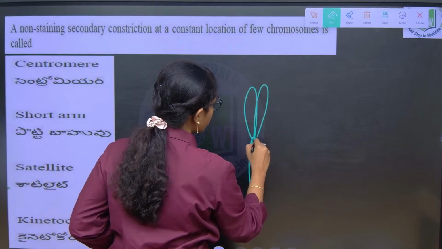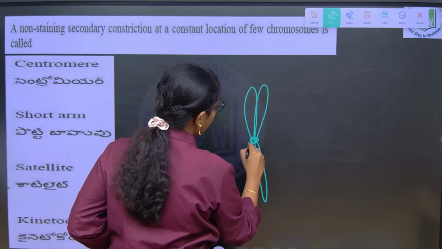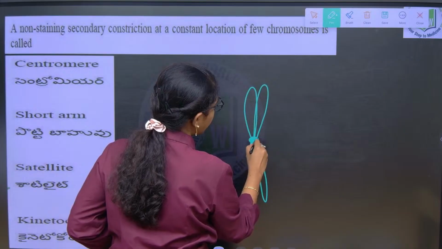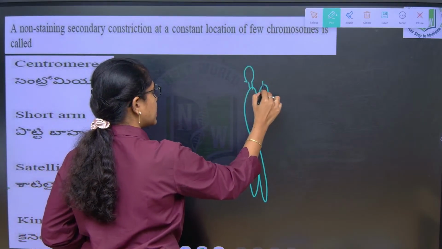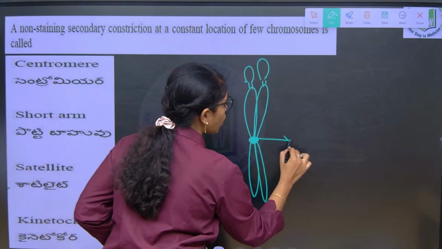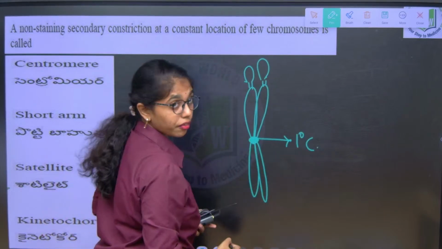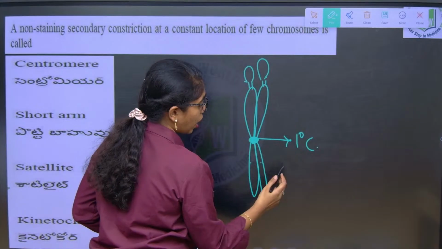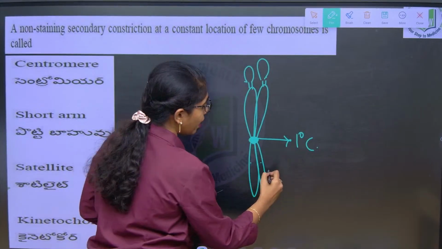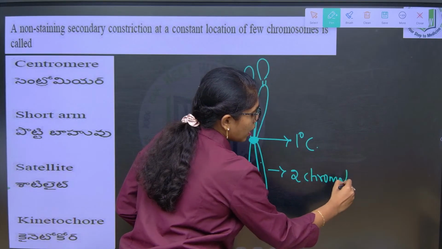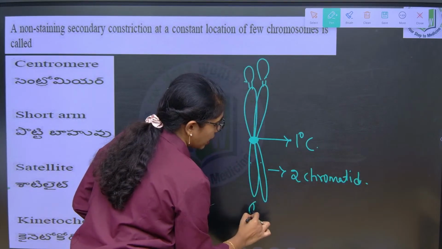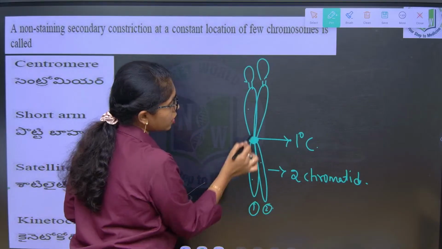How many arms does a chromosome have, and what is the primary constriction and secondary constriction here? This you will call the primary constriction, fine. And how many chromatids does it have? 2 chromatids. This is chromatid 1 and this is 2. Each chromatid has 2 arms.